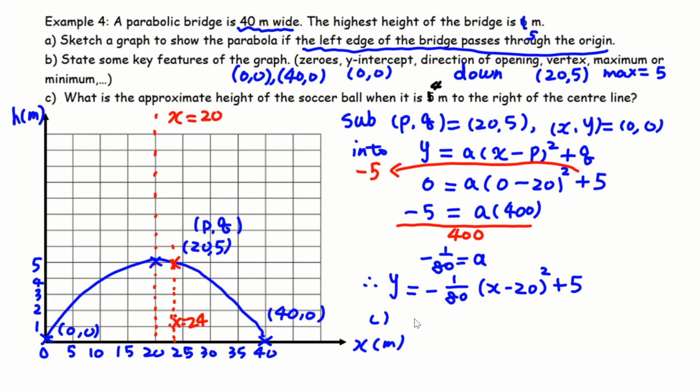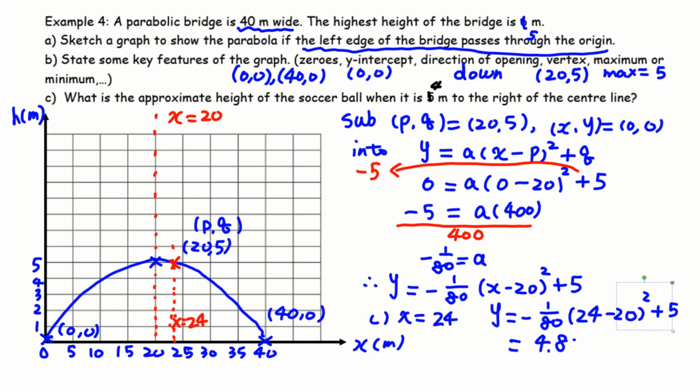It asks you what's the height of the soccer ball. So we sub in x equals 24 into this equation, we have y equals -1/80 times 24 take away 20, then bracket squared plus 5. So get your calculator out, you will have the answer is 4.8 meters.